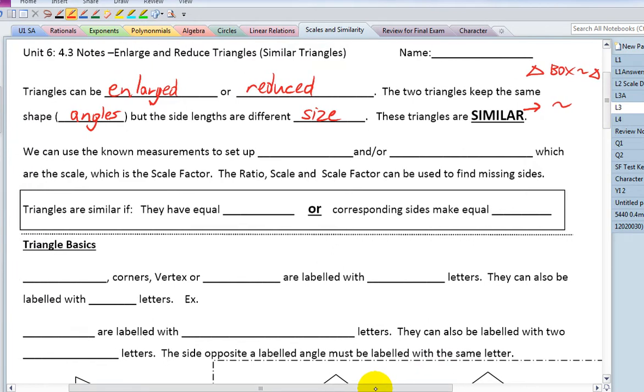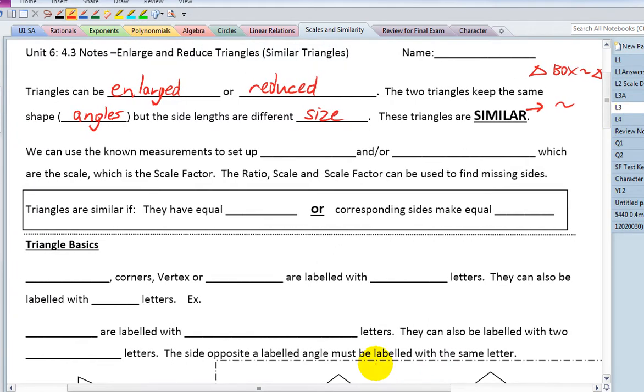We can use the known measurements to set up ratios and/or proportions, which are the scale, which is the scale factor. So basically, ratio, scale, scale factor are used to find the missing sides. Now here's a rule that has to be memorized.